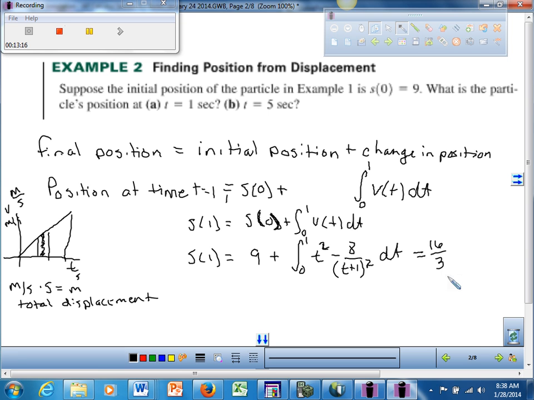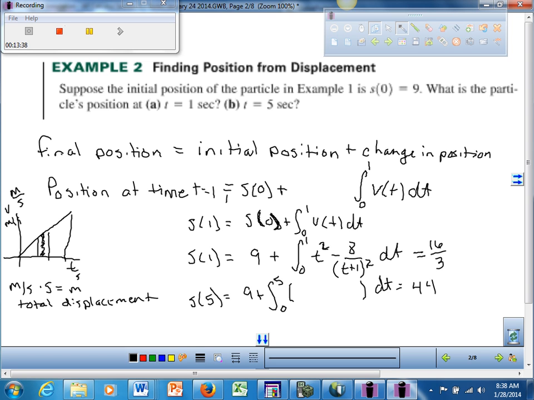Okay? All right, and then, if we wanted to find S of 5, we could again do 9 plus the integral from where to where? 0 to 5. Of that same function dt. And if Kyle already did this one, we get 44. All right, can somebody give me another integral equation to set up to find S of 5?